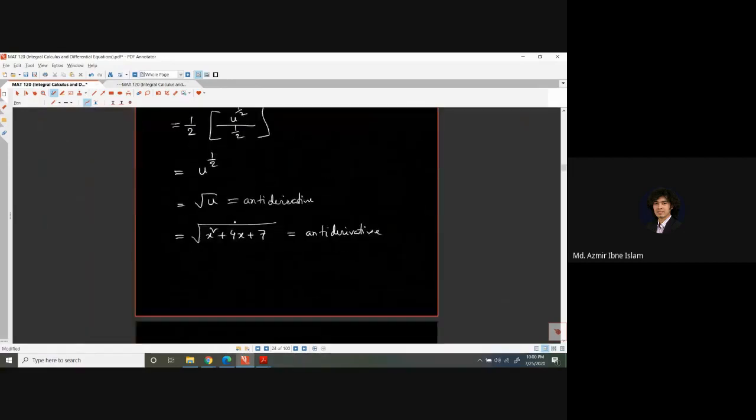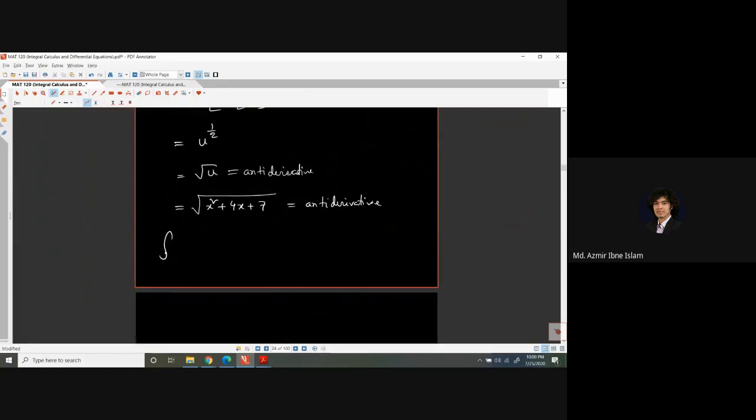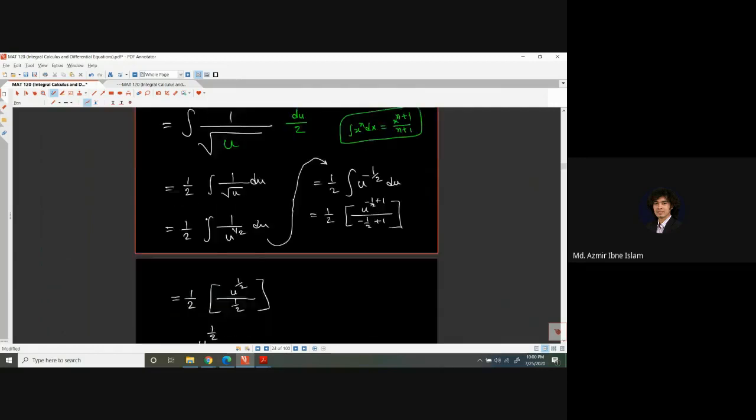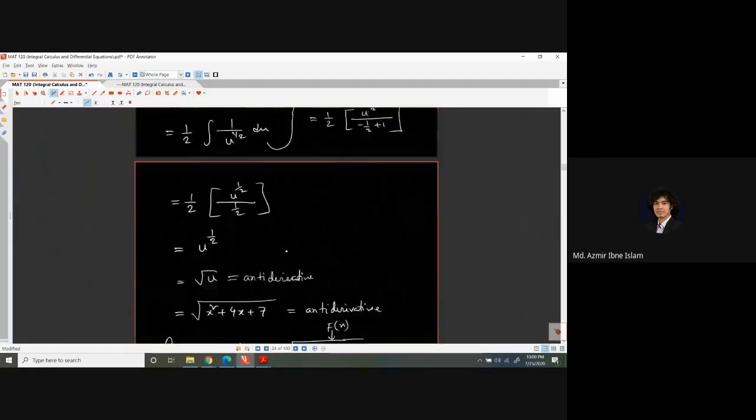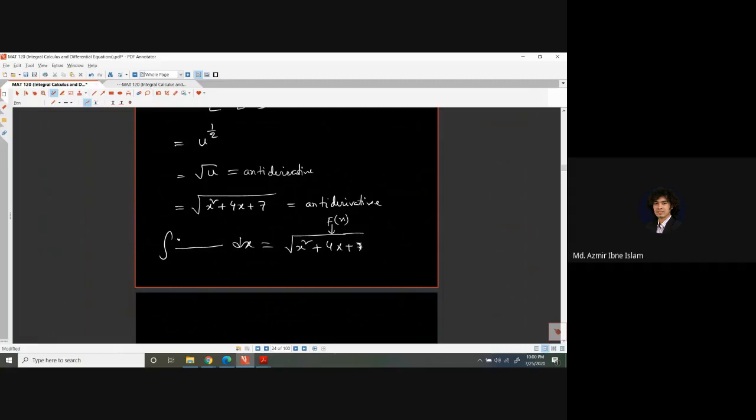But whatever we have done here, we have solved at first the indefinite integral part. For this, the result is root over x squared plus 4x plus 7. That is actually the antiderivative, capital F of x. So in the upper part we have x plus 2 and in the lower part x squared plus 4x plus 7.